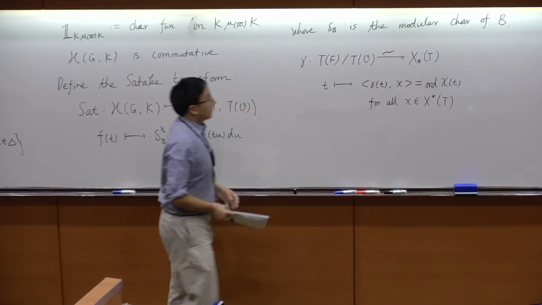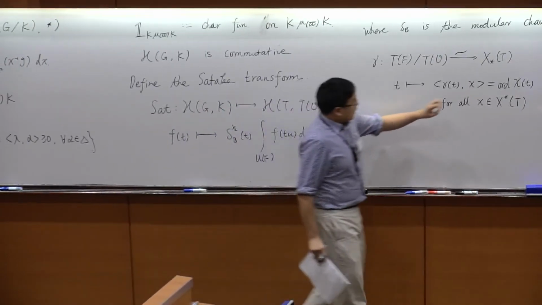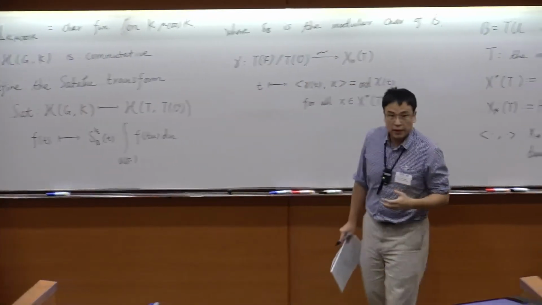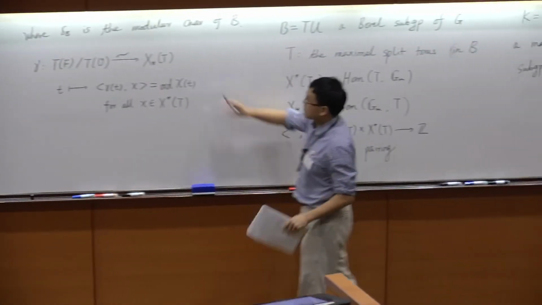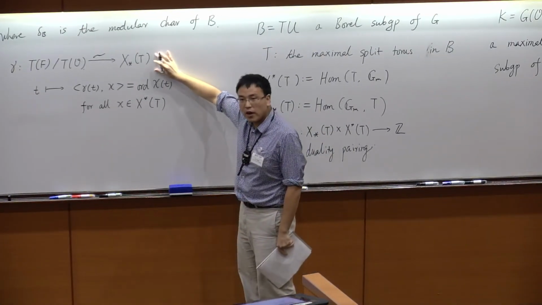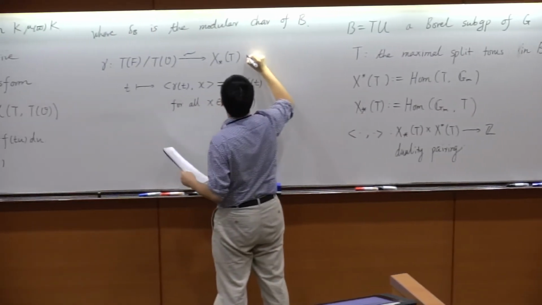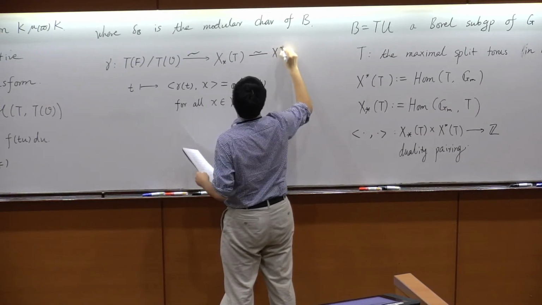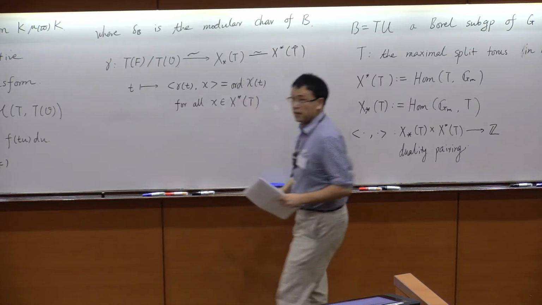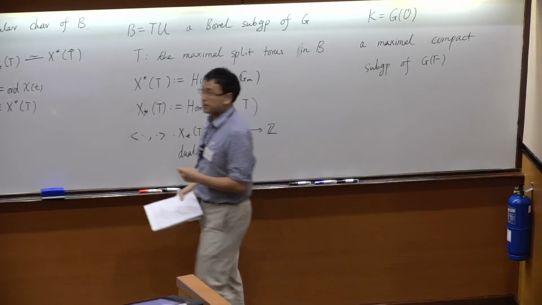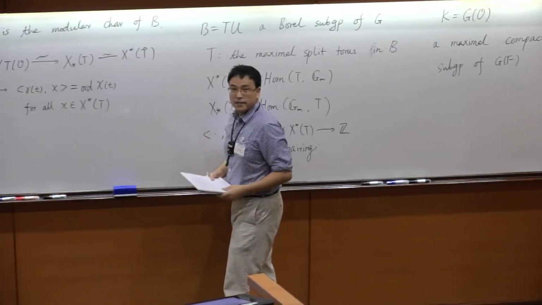And also, in the VTEX talk, when we introduce the dual group, we know the co-characters of the T can be identified with the characters of the dual group, T hat, from the dual side.